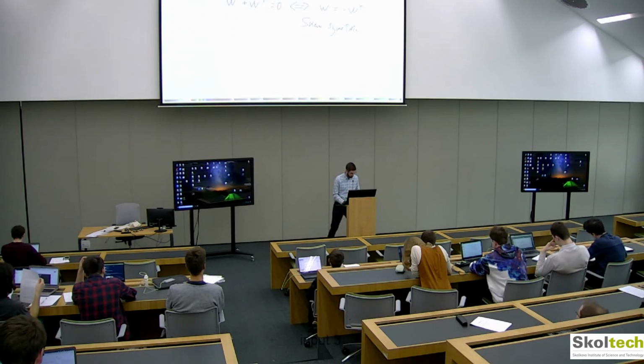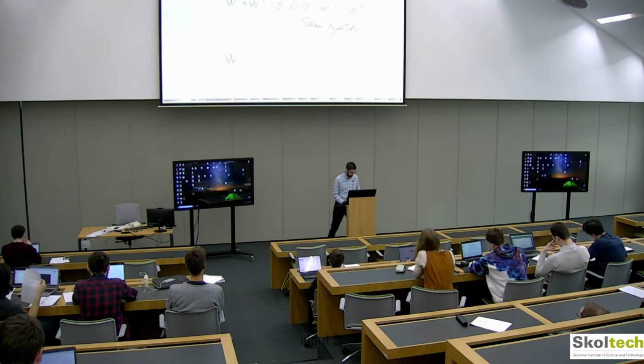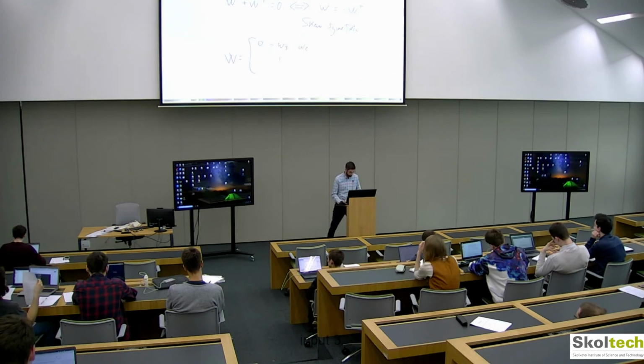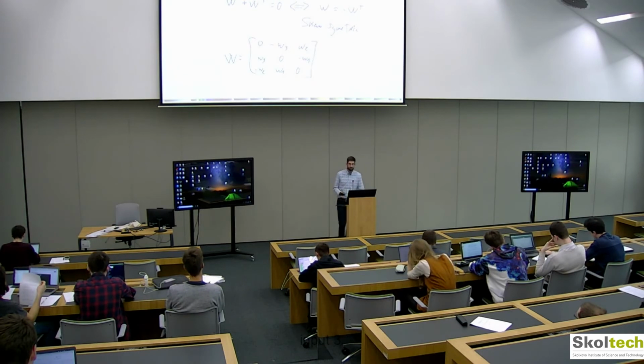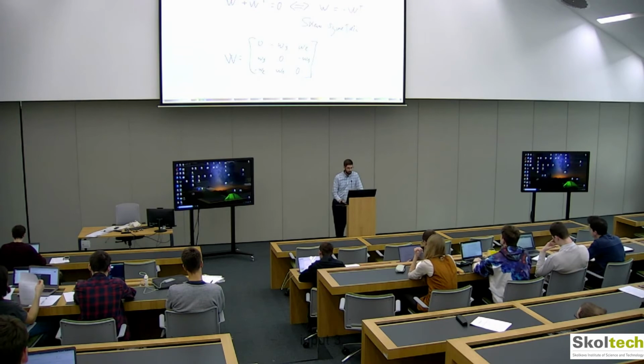So let me write it this way. This W matrix is going to be skew symmetric, and in this case, I'm going to write it like this. Is this a skew symmetric matrix?